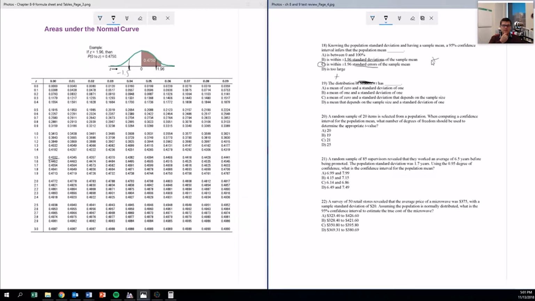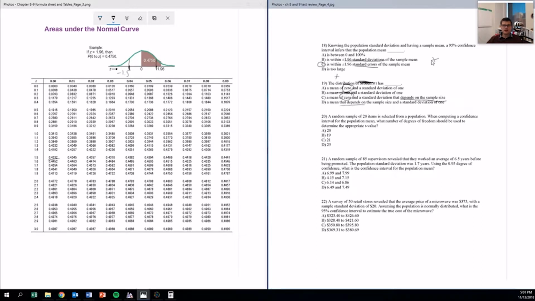Okay, a mean of 0 and a standard deviation that is dependent on the sample size, or a mean that depends on the sample size. No, because the mean is 0. Okay, the answer is C. And the reason why is because the standard deviation depends on the degrees of freedom.